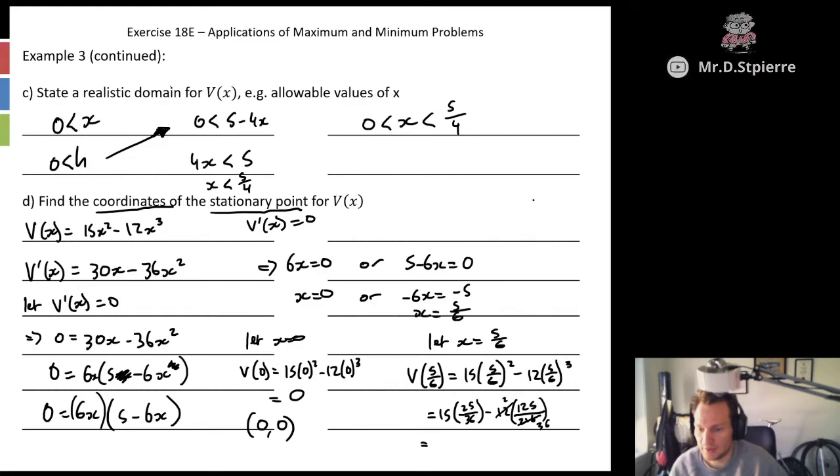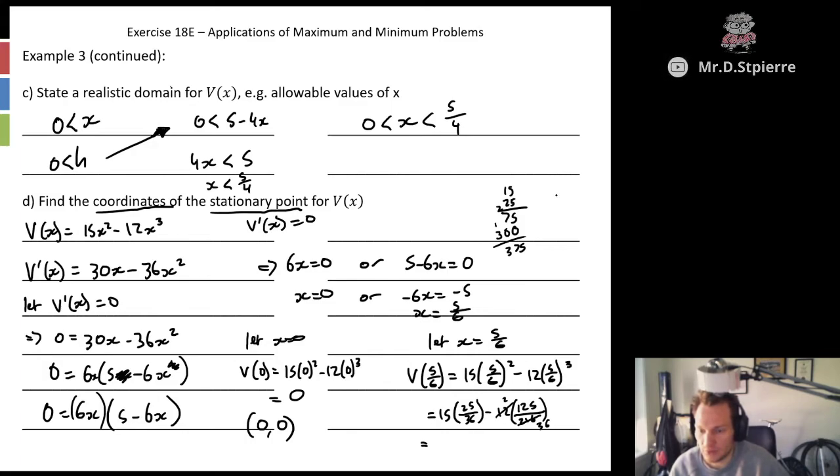36 on the base. So 15 times 25. 5 5s are 25. 5 1s are 5 plus the 2 is 7. 0, 2 5s are 10. 2 1s are 2 plus 1 is 3. We get 375. And then we're doing 2 times 125.